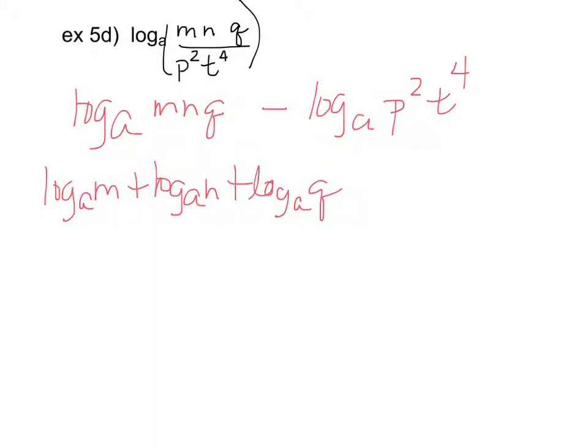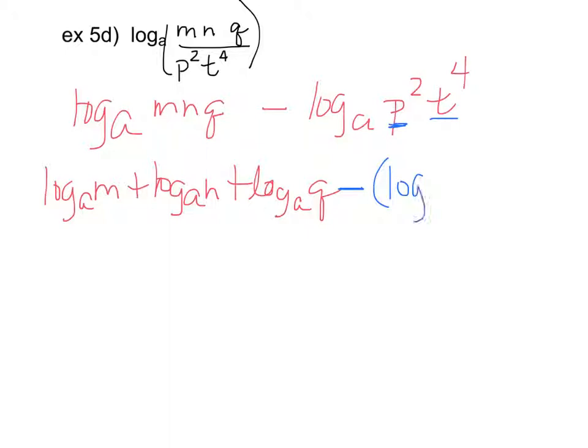When we say we're going to expand this thing, that is exactly what we're doing. Cool. Now, let's look at our next side over here. On the right, we have this whole piece. Now, I'm going to be subtracting all of that, so I'm going to use blue just so that you can see the difference here. But I am multiplying a p squared times a t to the 4th.